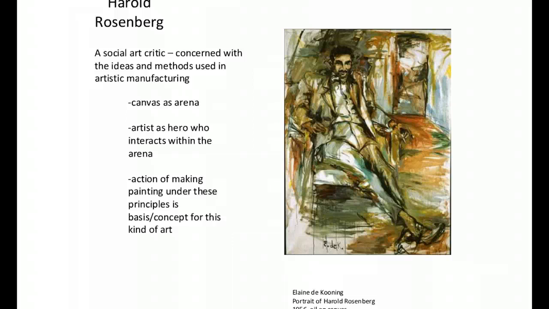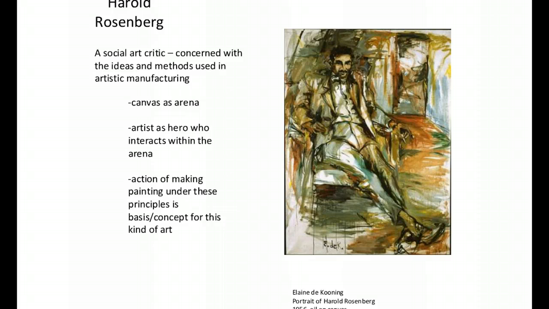And so he's going into these artist studios, he's seeing them make these grand gestures, these specific gestures in their studio, and he begins to refer to the idea of the artist as an actor. And his terminology is action painting. And so the canvas becomes this arena that the artist engages with and toys with. And the painting, the finished thing, is merely a record of the actions of that painter in that space.